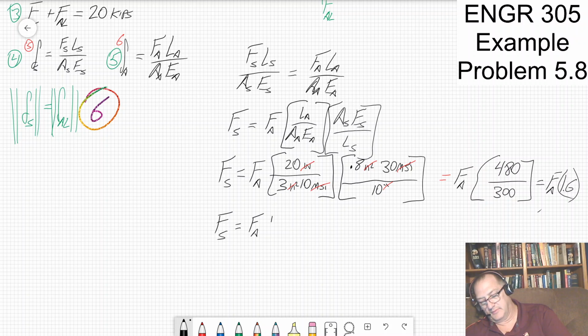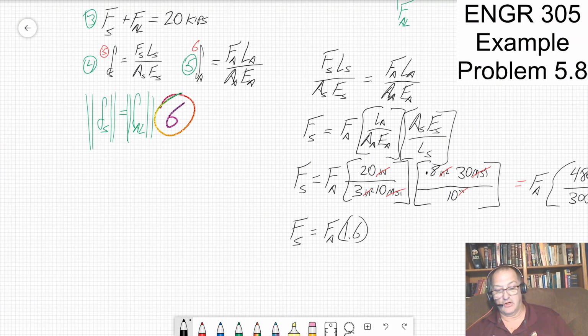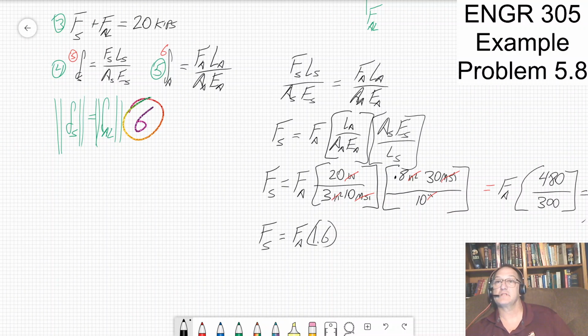FA, force of the aluminum, times 1.6. And then I've got to go back to the equation that's just showing up at the top of the screen: force of the steel plus the force in the aluminum is equal to the force. Oh, sorry, I don't want the force in the steel.